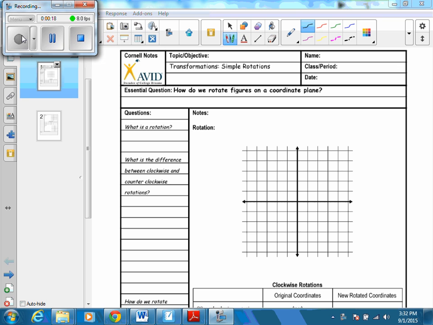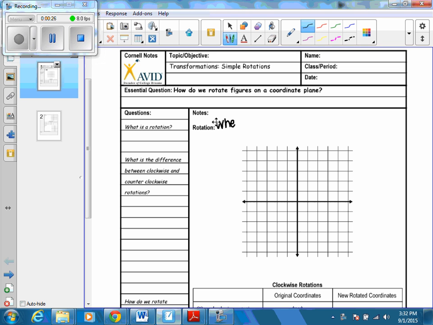A rotation is a transformation in which a figure is turned about a fixed point.